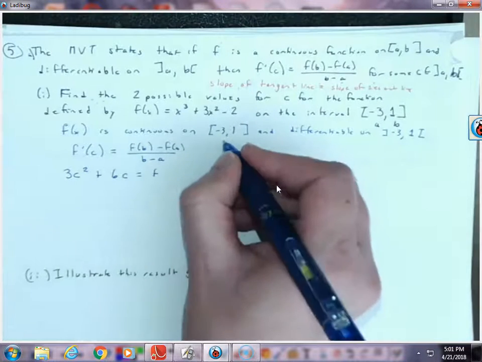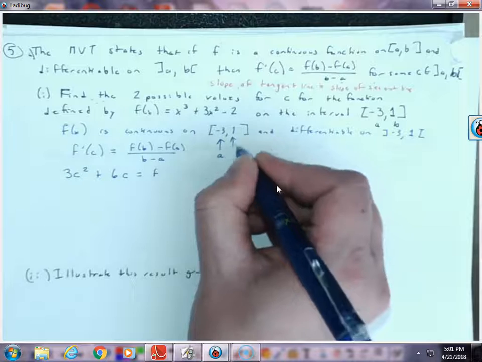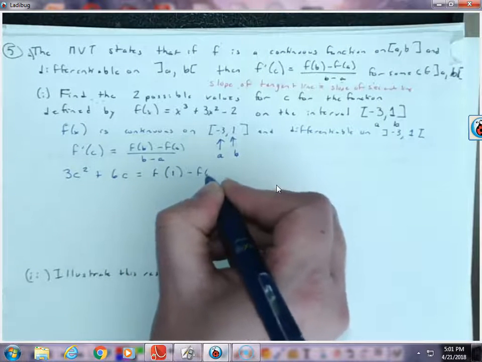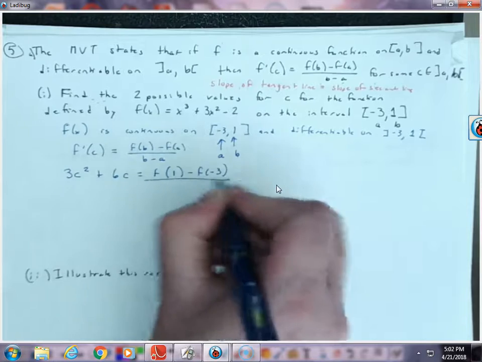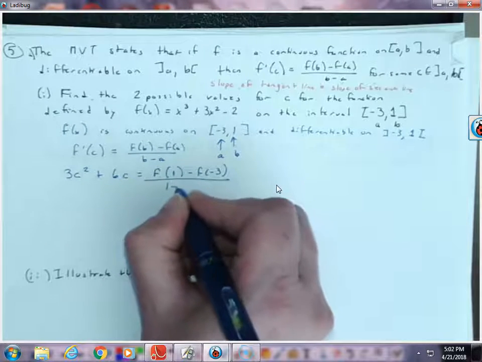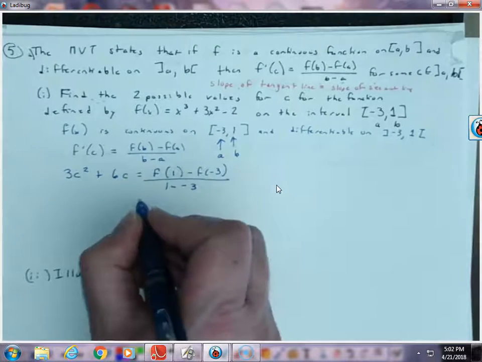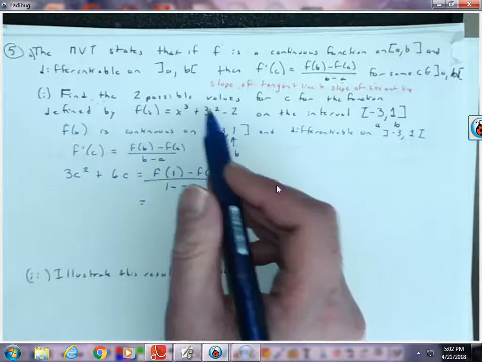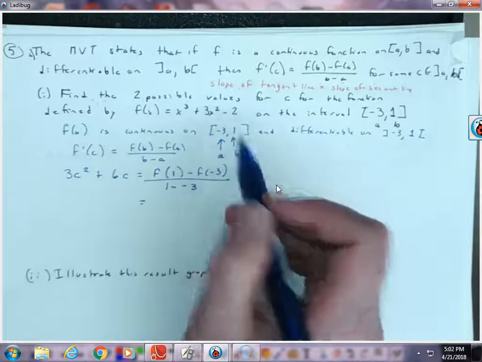So, again, this is A, and this is B. So this would be f of 1 minus f of -3 over 1 minus -3. Okay. Now you're substituting these into the original function, the 1 all the way through, the -3 all the way through.